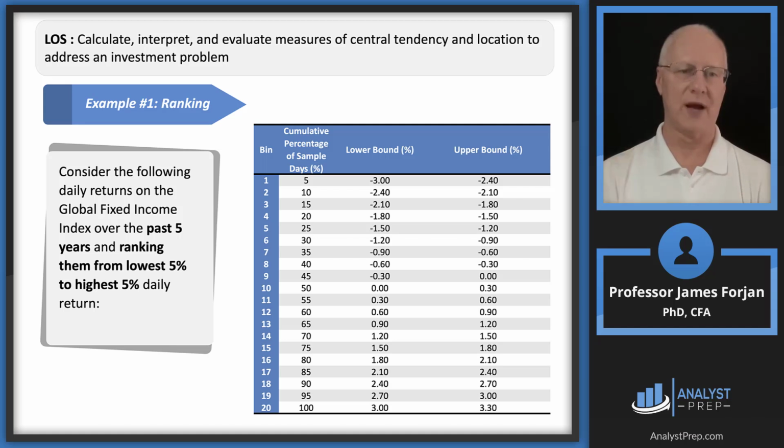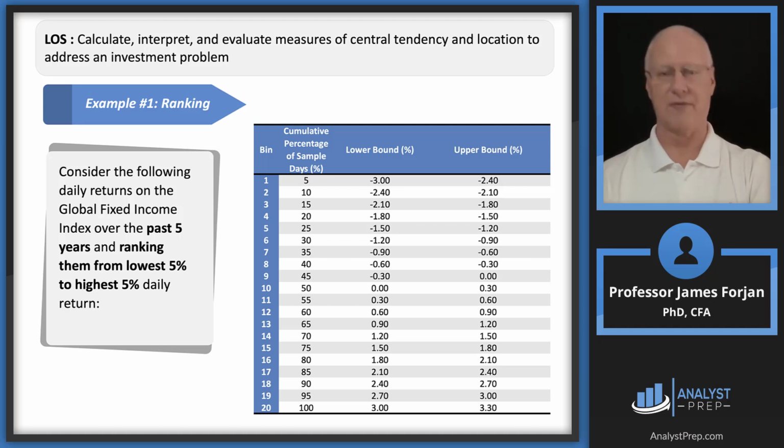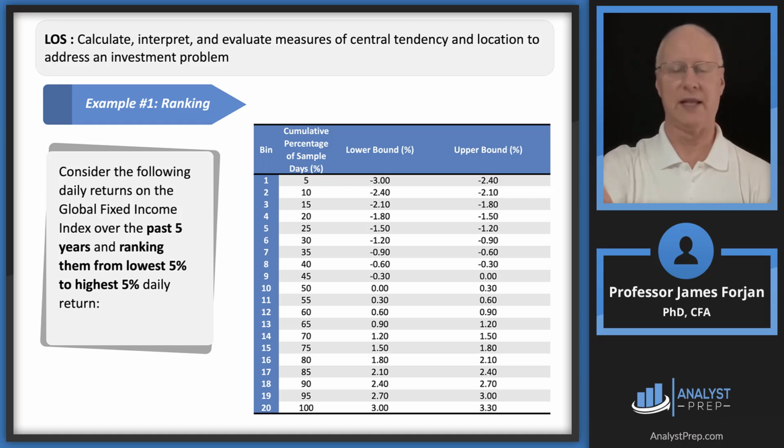So, you've got 5 years, and we're going to rank them from 5% to 5% to 5%. So we have 20 bins or 20 buckets going down the left-hand column, and then we just aggregate them, 5 and 10 and 15. So that's the next column. And then we have lower and upper bounds. Just think of those as ranges inside of each of these bins.